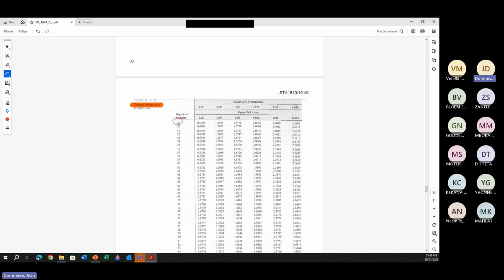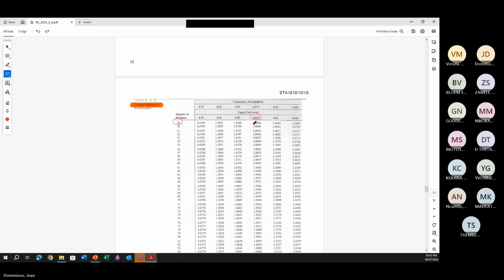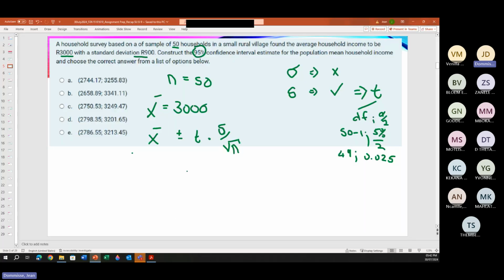49 with 0.025, 0.025, 49. 2.0096. Okay, so 2.0096.